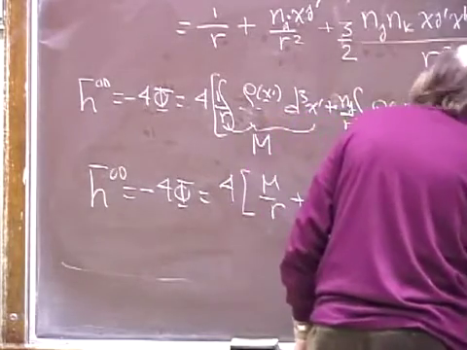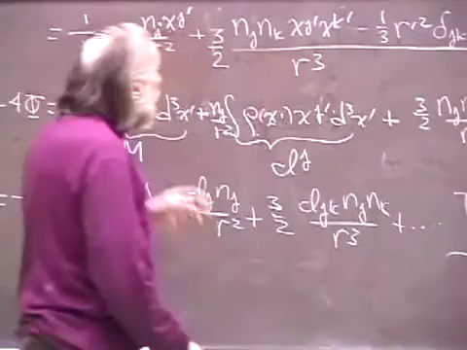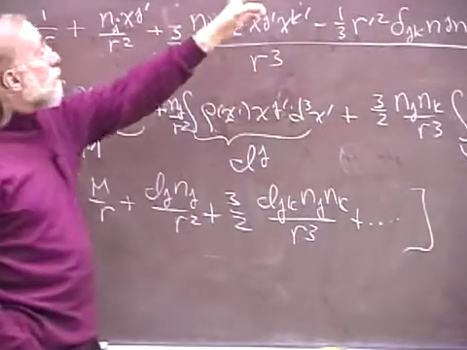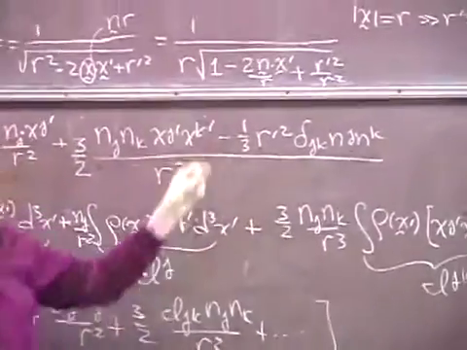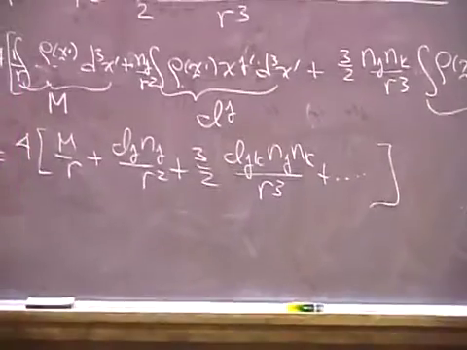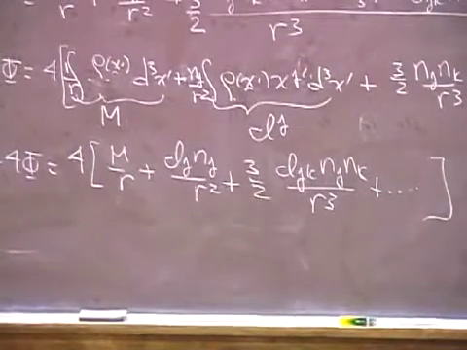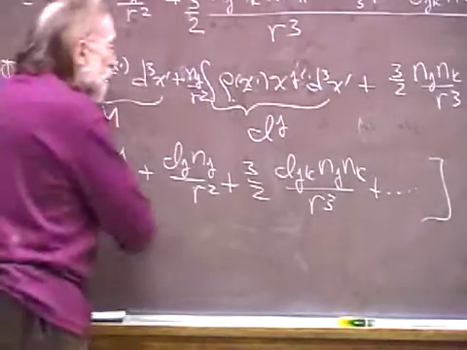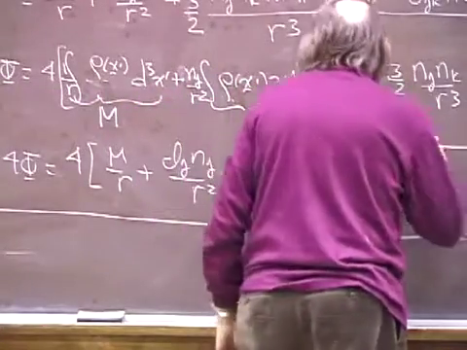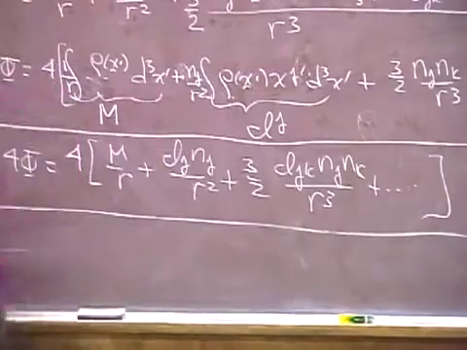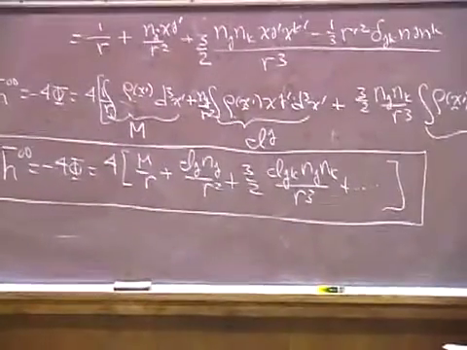And then there are higher order terms that I could easily have computed just by expanding this square root to higher order. So you can easily generate the entire series in this manner. So this is the way, if one uses Cartesian coordinates, one can talk about the multiple moments of the source.